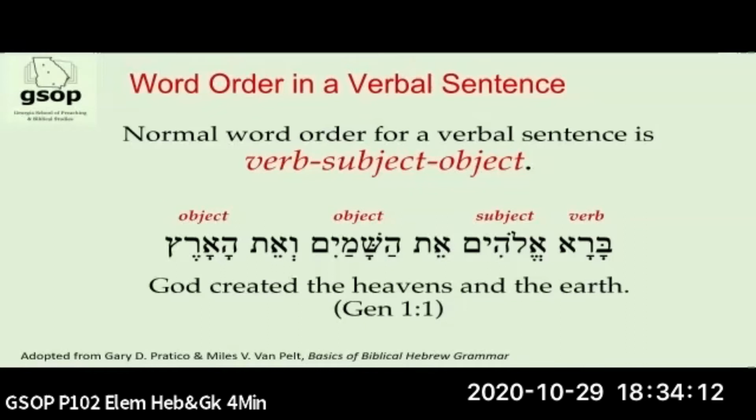So God created the heavens and the earth. It's really not overly complex once you begin to recognize the letters, the verbs, and the patterns. And you see there's the verb, subject, object pattern. And that is the normal pattern. In this case, you have two objects joined with the conjunction 'and.' Make sense? All right, good.